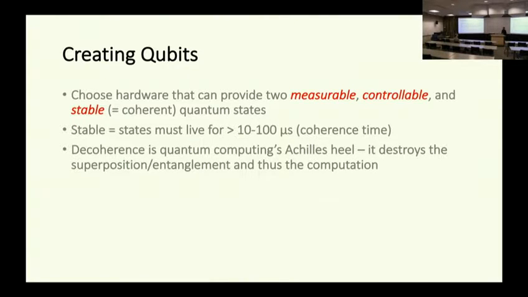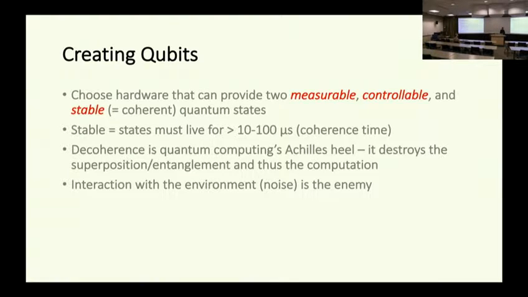The problem is, again, as I said, noise is the problem, and decoherence basically means that the whole system falls apart. The decoherence. That's the formal term for it. It destroys entangled superposition and so computation as well. And this decoherence mostly comes from interaction with the environment. So you have some cosmic rays going through the equipment, or you have some radio waves, anything that can mess with this thing.